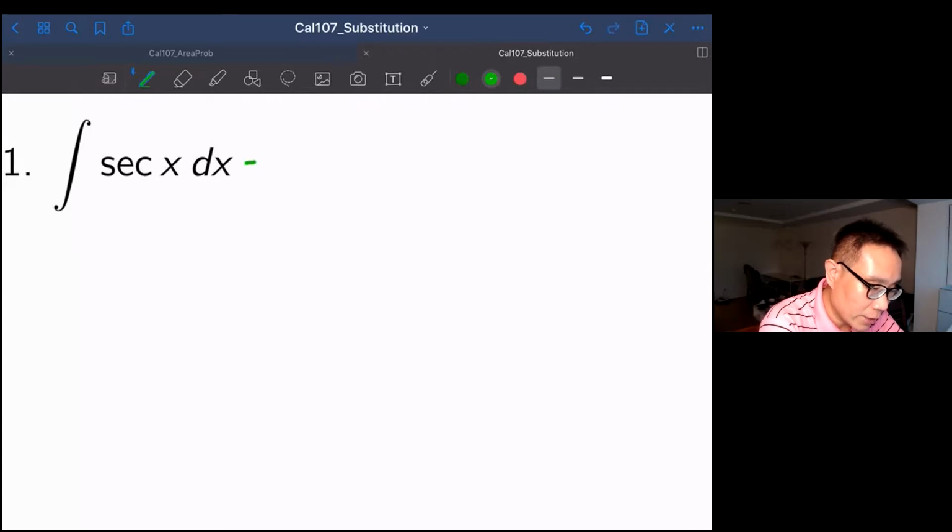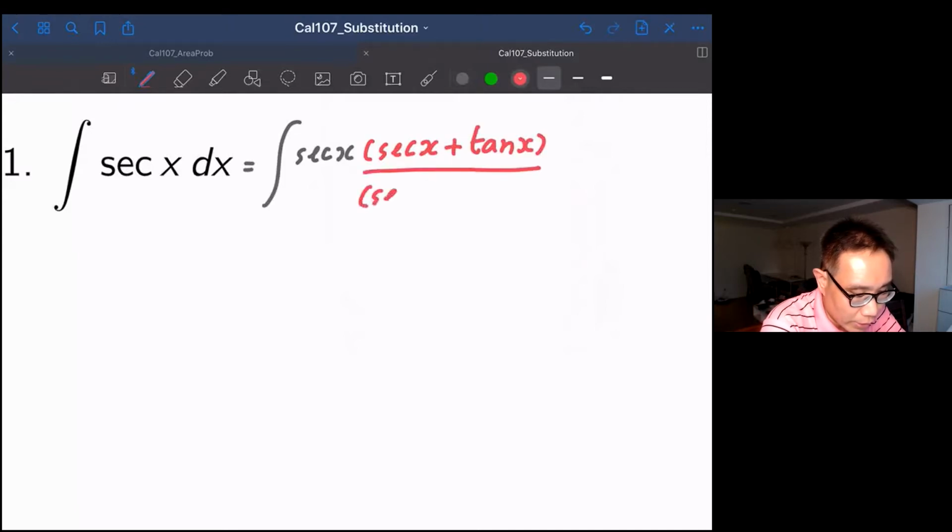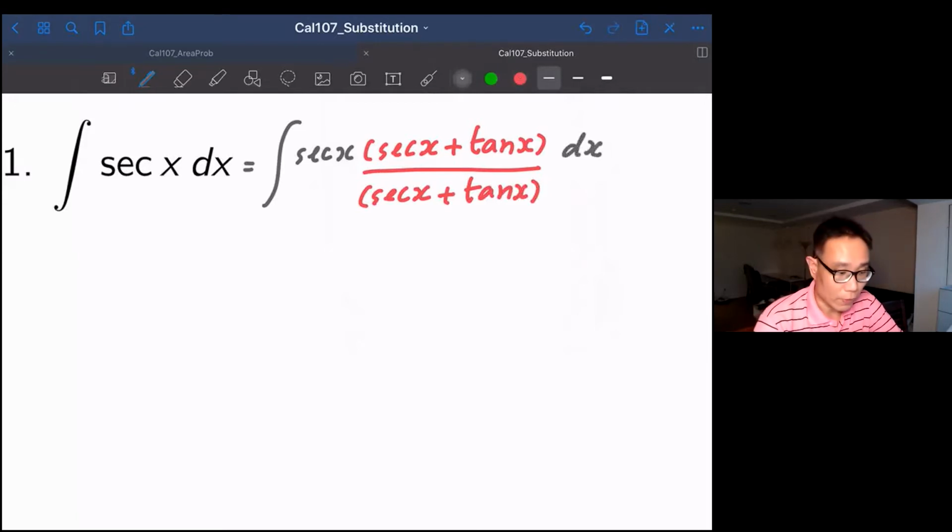So this will be the integral of sec x. Let me change the color. I'm going to multiply sec x by sec x plus tan x on top, and divide by sec x plus tan x on the bottom, and you have dx. So you multiply the top by sec x plus tan x and the bottom by sec x plus tan x. Basically you multiply by 1.